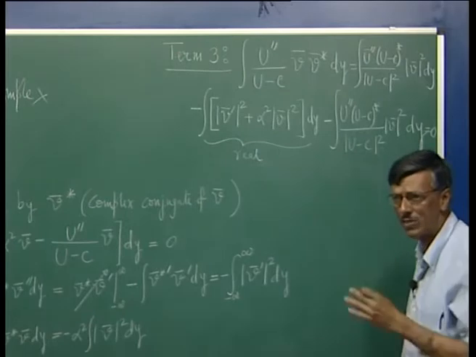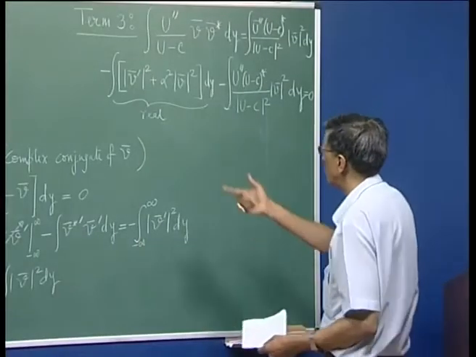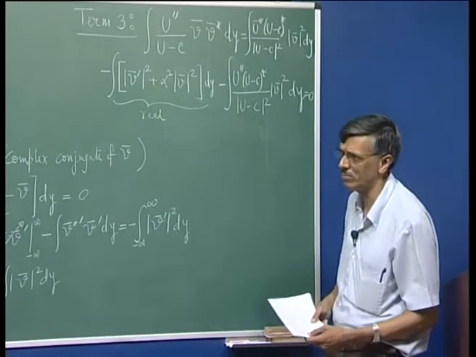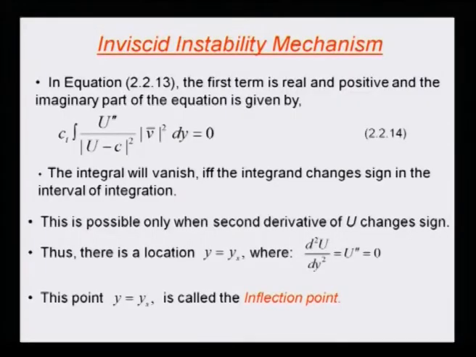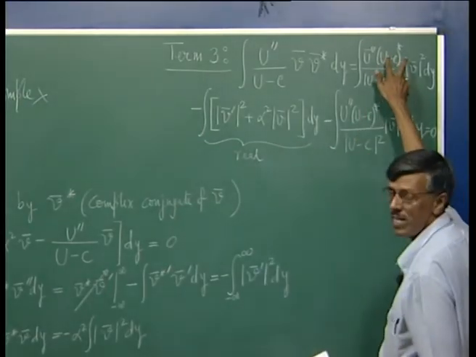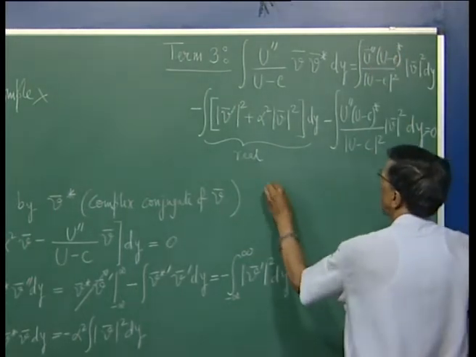So, I can split it into a real part and imaginary part. The real part will go with this. What happens to the imaginary part of this equation? That is what is written on your transparency here. 14, the imaginary part is this, right. Because u minus c, the conjugate, is what?